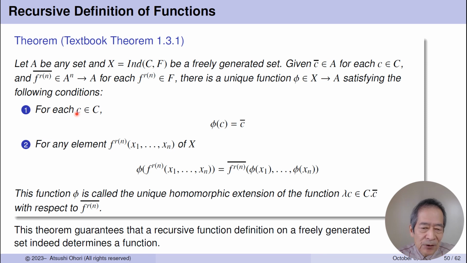First, for each constant c in this set C, application of phi to c is equal to this semantic interpretation c-overline.